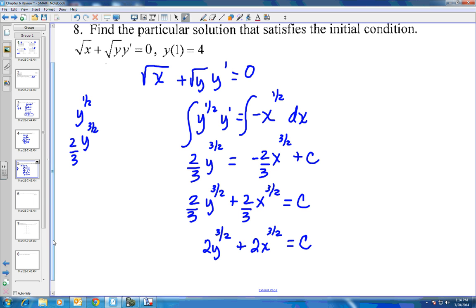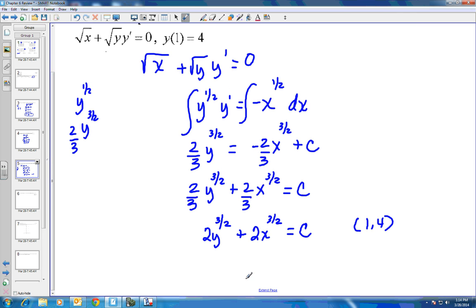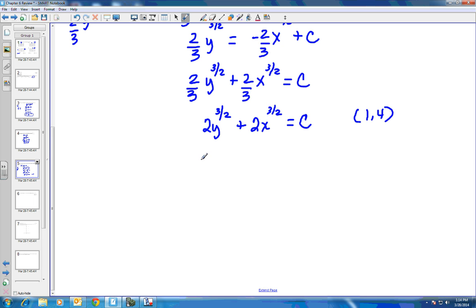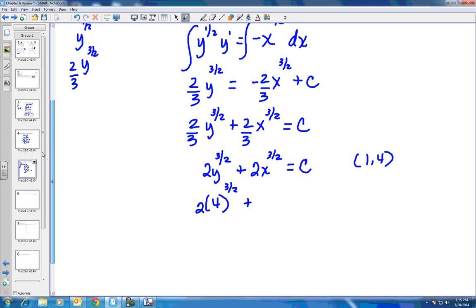Okay, so I know what c is, but now I have this initial condition, 1, 4. So we're going to plug those numbers in. So I have 2 times 4 to the 3/2. Did I mess up somewhere? Yeah, so he said, could I go ahead and divide by 2 to get rid of those?